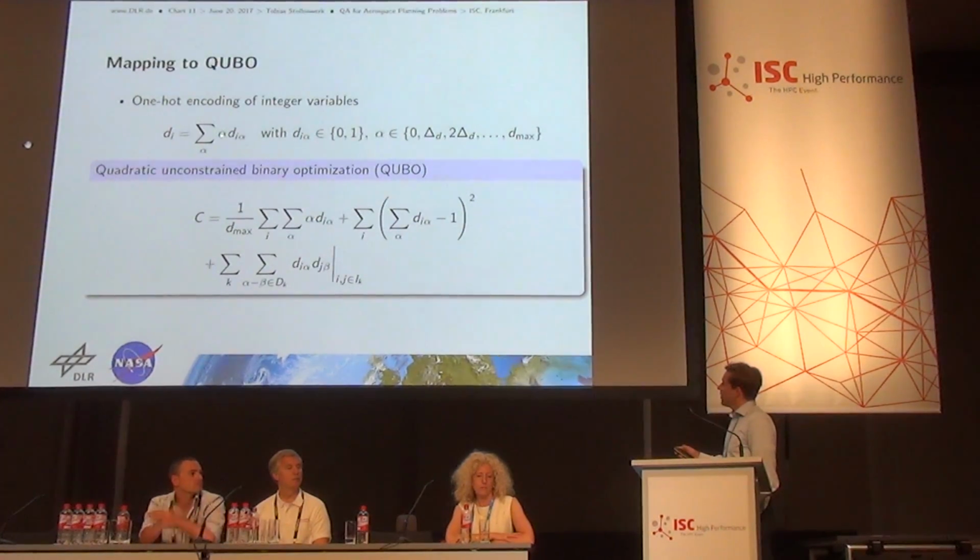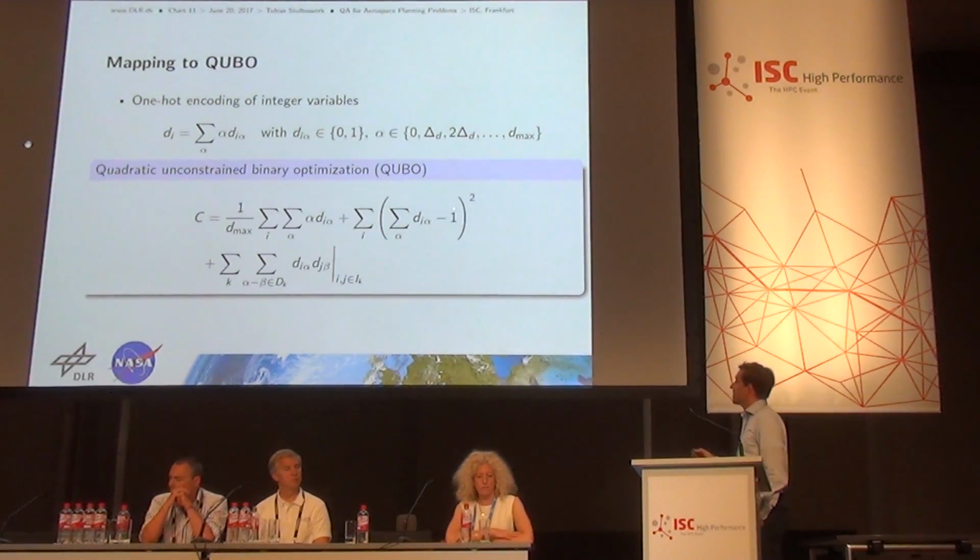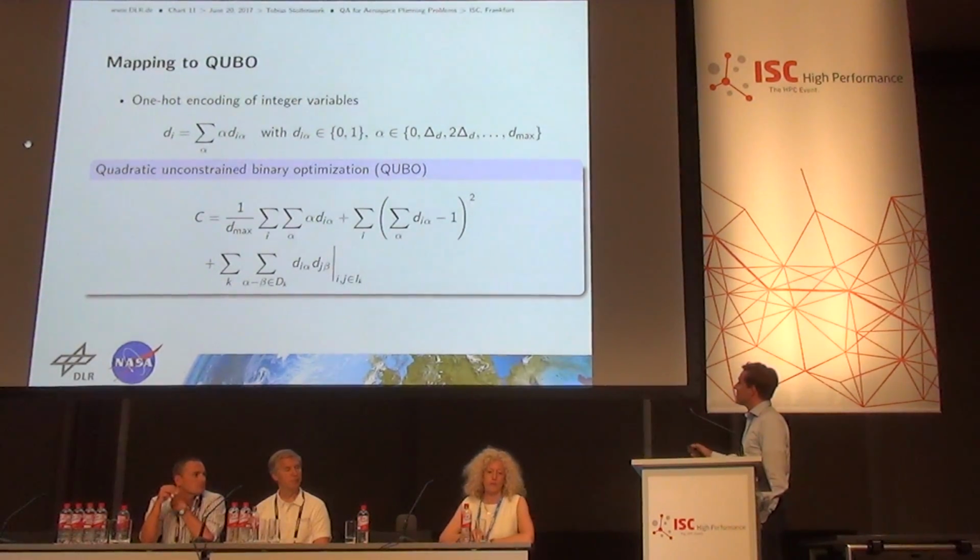As I said, only one of these alphas can be 1 for each flight, and this is ensured by this term. If this is the case, then this term is 0, because I sum over all the alphas, and if only one of these d_i^alpha is 1, I get a 0 here, and if this is not the case, I get something else here. And because I want to minimize the whole thing, the constraint is fulfilled if the contribution is 0 here.